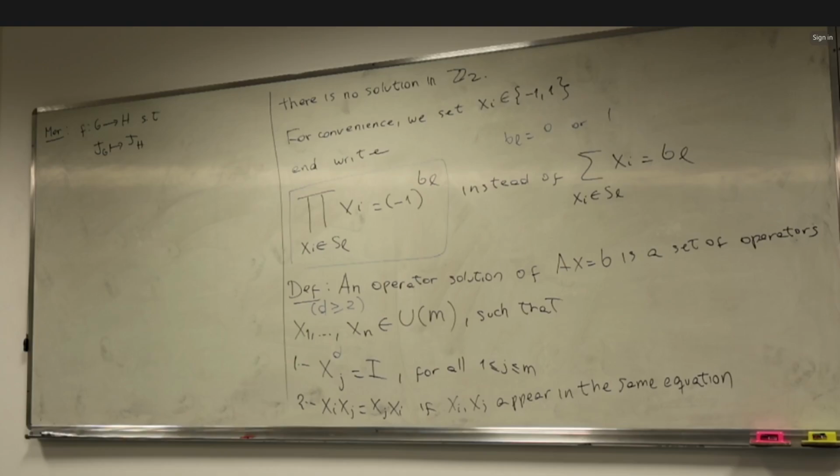Okay, I forgot this. Now it's complete. Remember, A is a matrix of size m times n. That's why m and n.